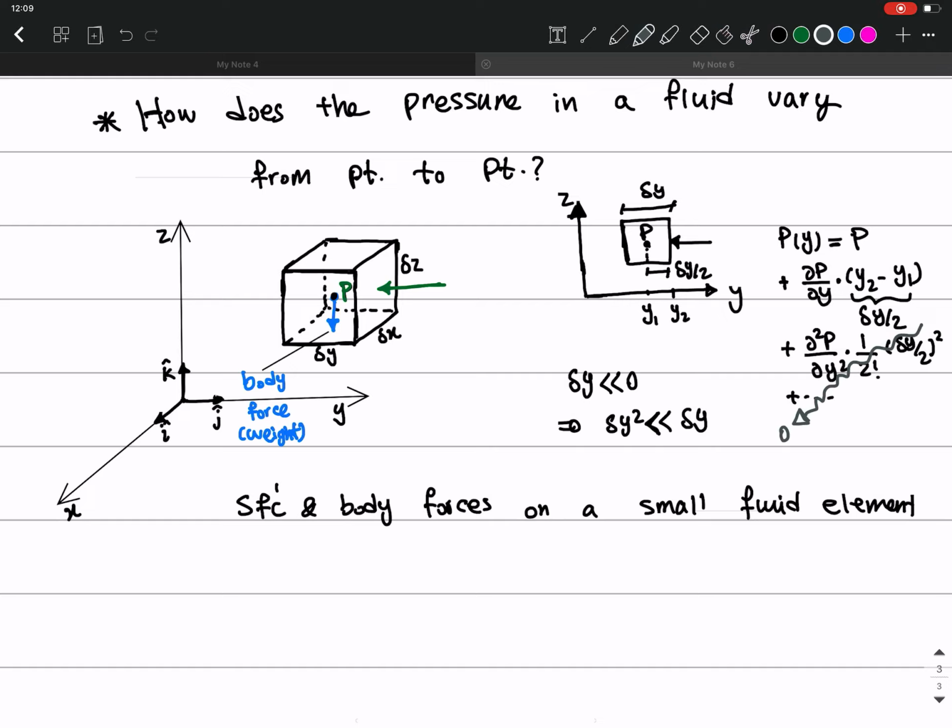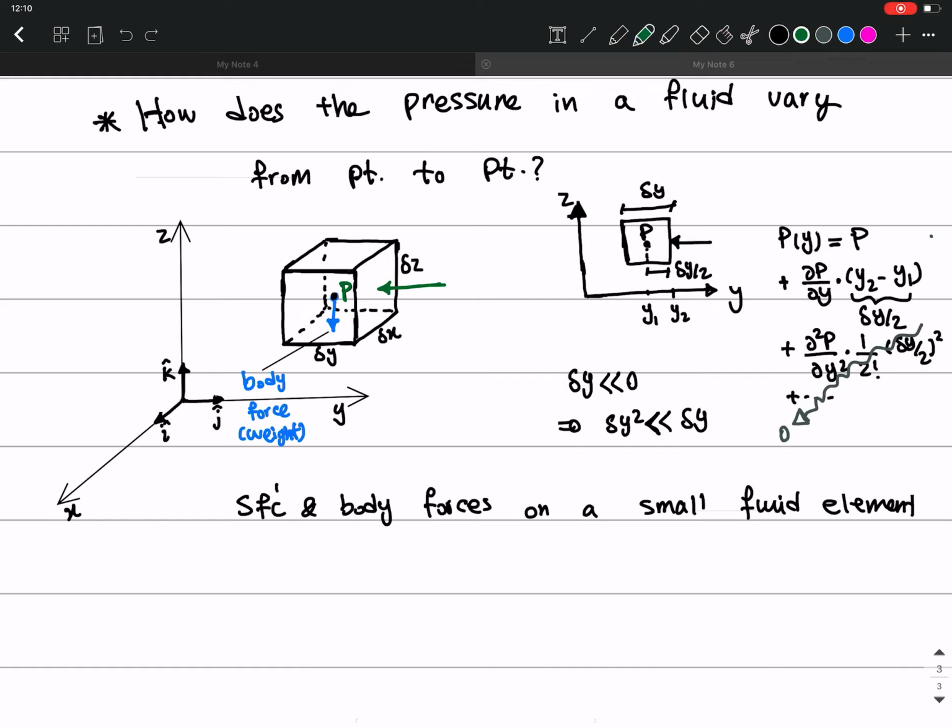So for the first order approximation, this is going to be my P here.